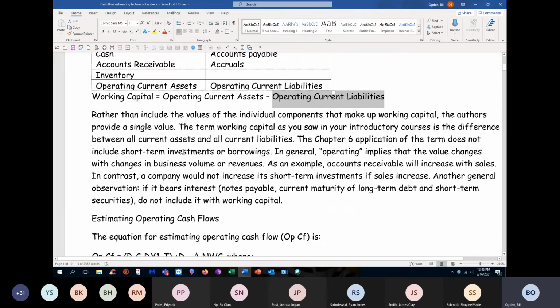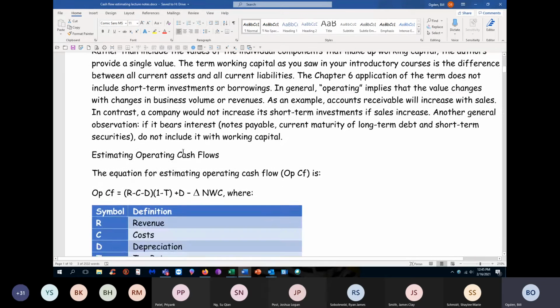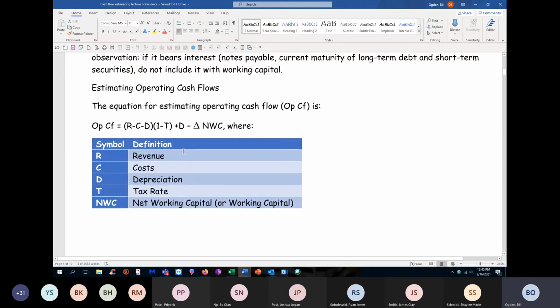All right, so let's get back to estimating cash flows. Here is the general equation. It's the revenues less operating costs less depreciation. That would be your before-tax amount, and then times 1 minus T converts this to an after-tax value.